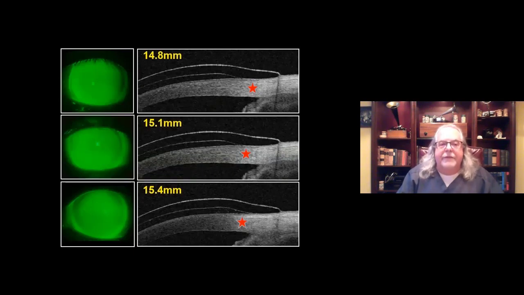So here we can see three different lens diameters, the standard 14.8, and we see how we have flexed it to 15.1 and 15.4. And you can see here very, very easily that the sagittal depth of the lens has not changed at all. But we've been able to increase the diameter or decrease the diameter as we deem clinically appropriate.